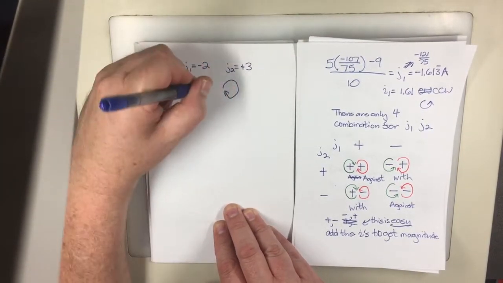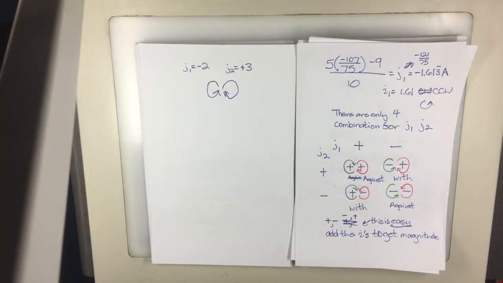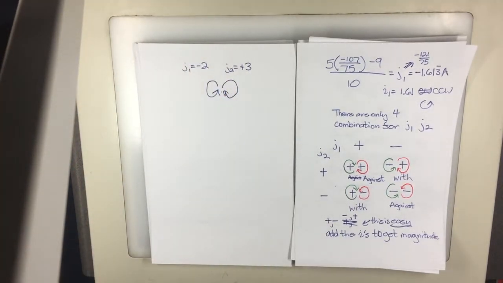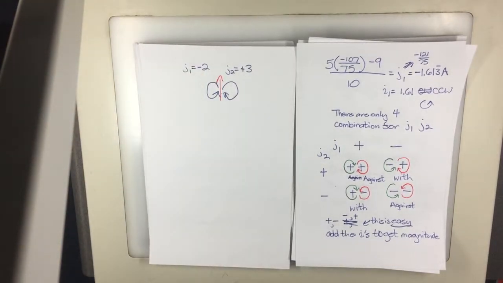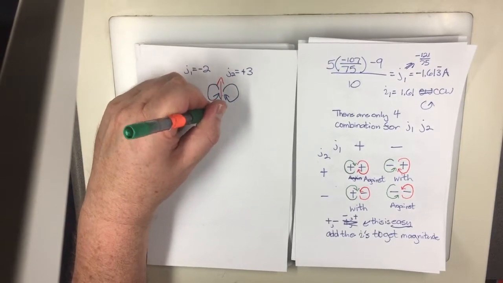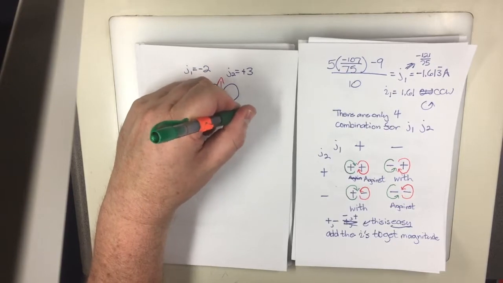J2 is like this, J1 is like that. You look at this, the current flowing through the middle is definitely, without question, bottom to top. So all you do is the current in the middle, 2 + 3 is equal to 5.